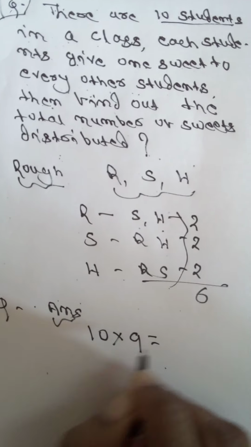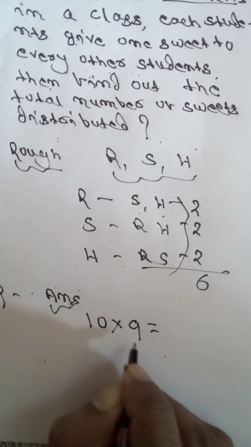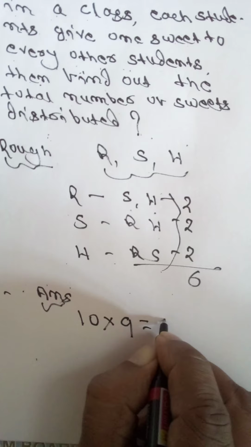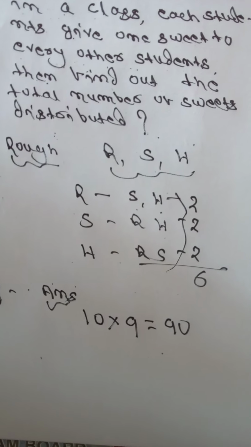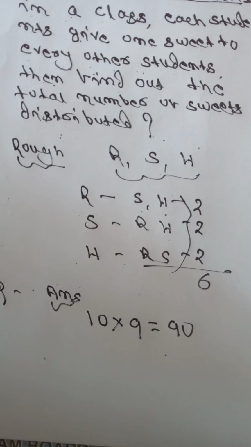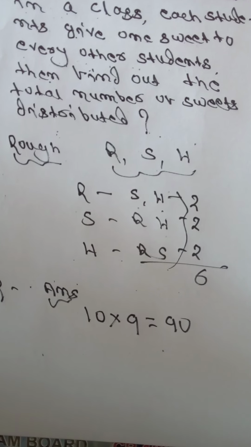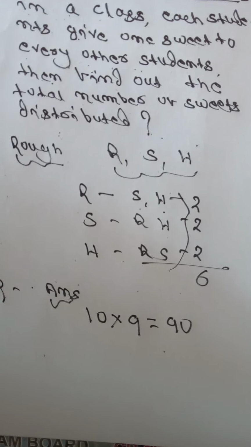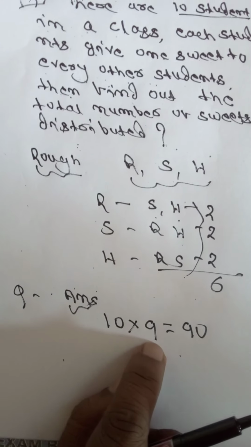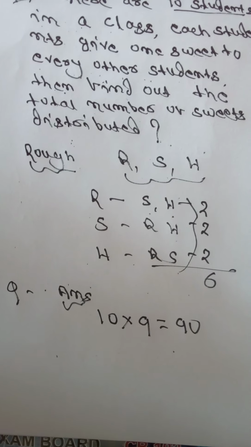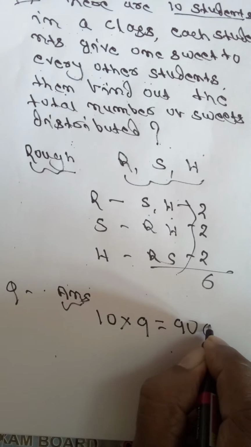Then the answer is 10, the total number of students, into just one less than the total number of students. That means 90. So here the answer is 90. You need not think about the formula, or which chapter the problem is from. You just think of it as a layman, and the answer is the total number of students into just one less than the total number of students. So that is our answer.